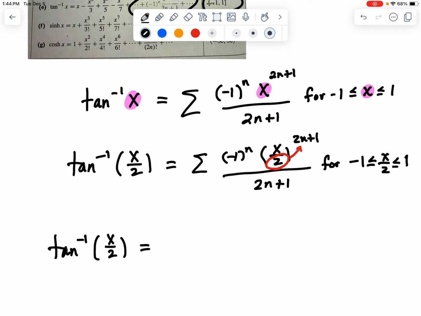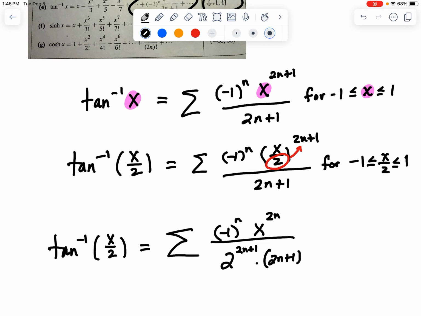So then I can say just take that 2 and put it in the denominator, 2 raised to the 2n plus 1. And then there was already a 2n plus 1 in the denominator. And then it's alternating, so it has negative 1 to the n. And now the numerator just has x to the 2n plus 1. So I basically just moved that little red 2 to the bottom.